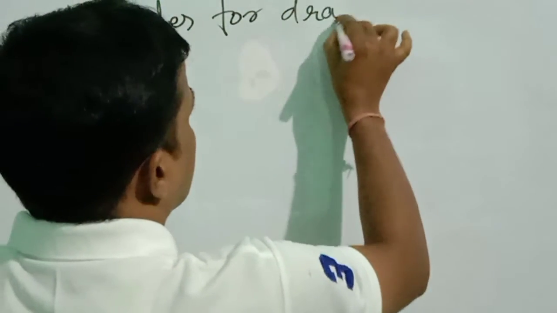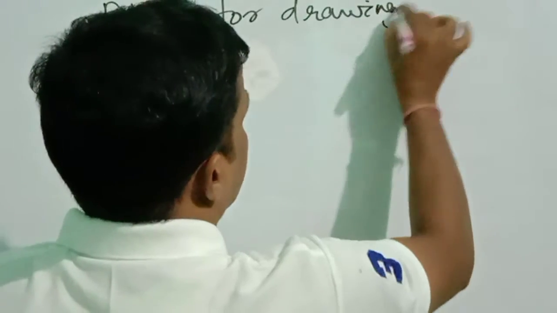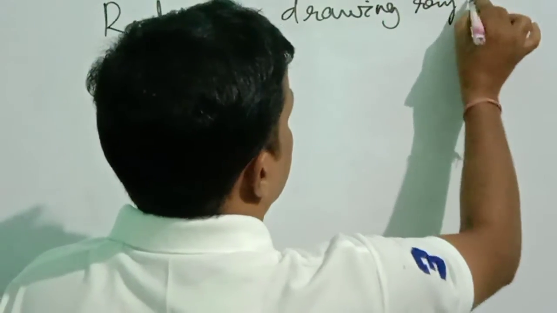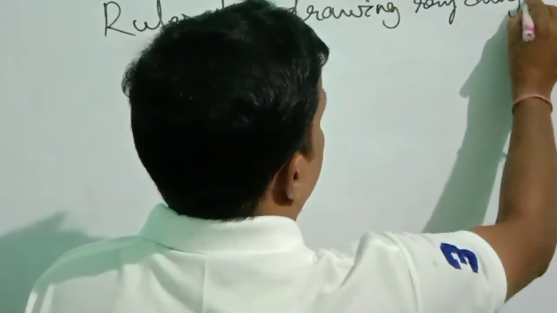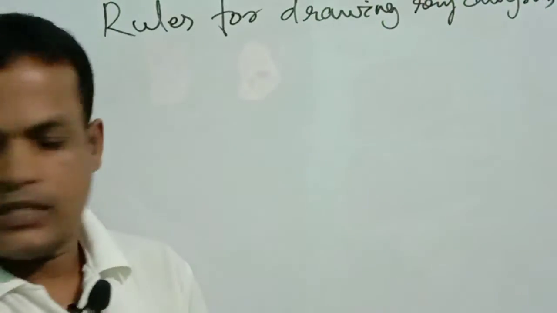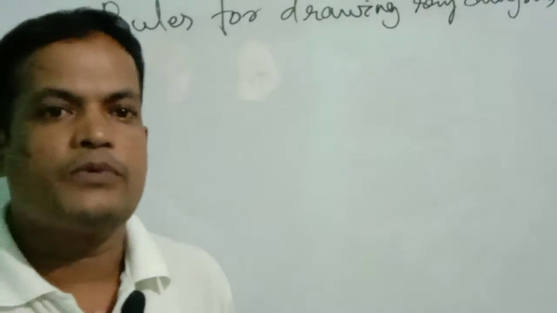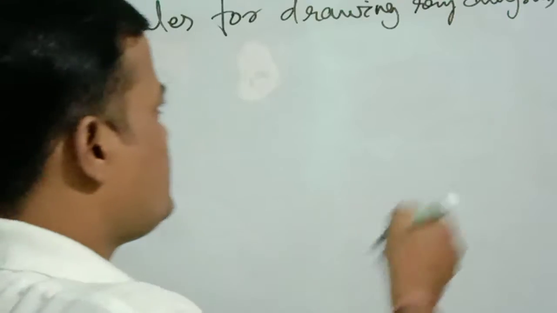Rules for drawing ray diagrams. As we know, there are 4 rules for drawing ray diagrams.